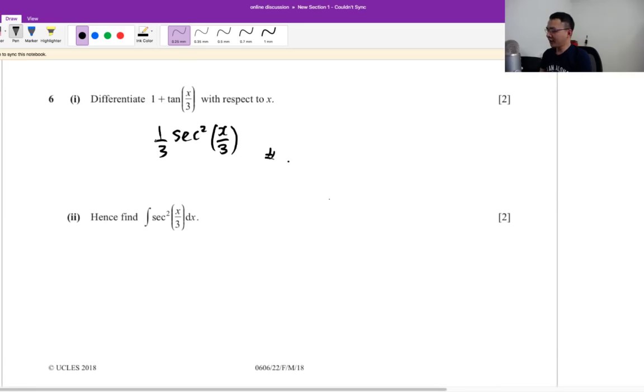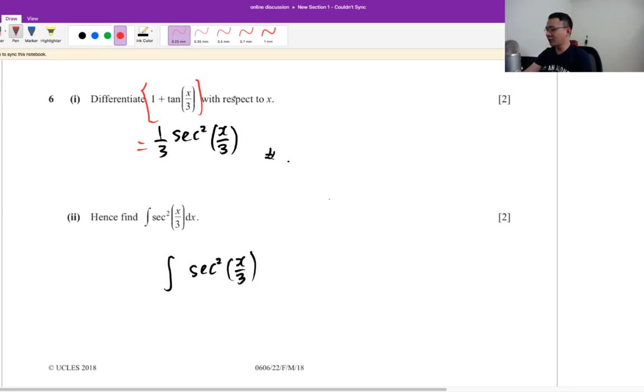Alright, then hence integrate this one. Since I see the word hence here, I'm trying to get what is on the top there. So I will get secant square x over 3. Because I differentiate 1 plus tangent x over 3, I get this one, isn't it? So if I can integrate 1 over 3 secant square x over 3, I will get back the 1 plus tangent.